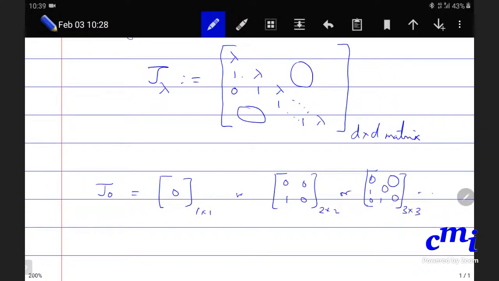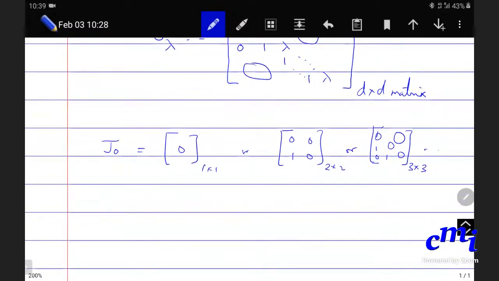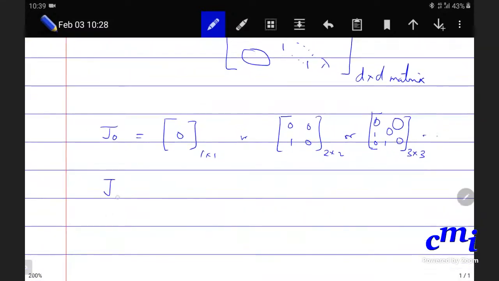It depends on the size. But the point is the eigenvalue is 0. So this is what J0 will look like. Let us say J1 will be just, okay. So J lambda of size 1 by 1 is just lambda in that entry, or it could be this.